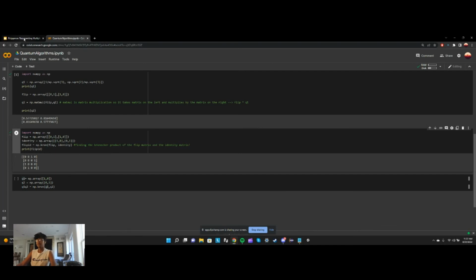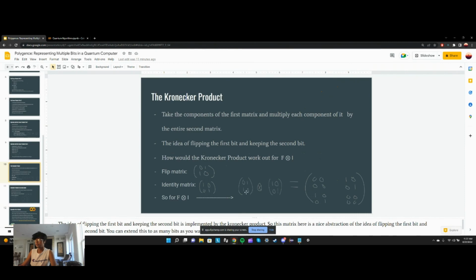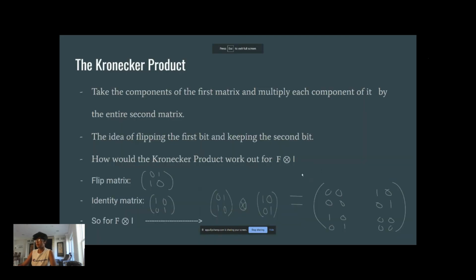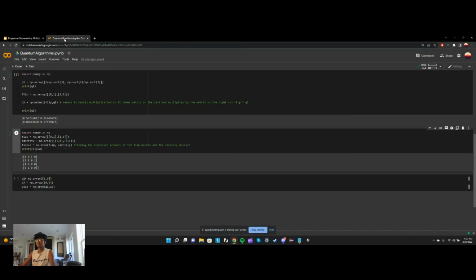And this is kind of familiar, our Kronecker product of these two matrices, our flip matrix and our identity matrix, right? This Kronecker product matrix here should look just like this matrix right here.